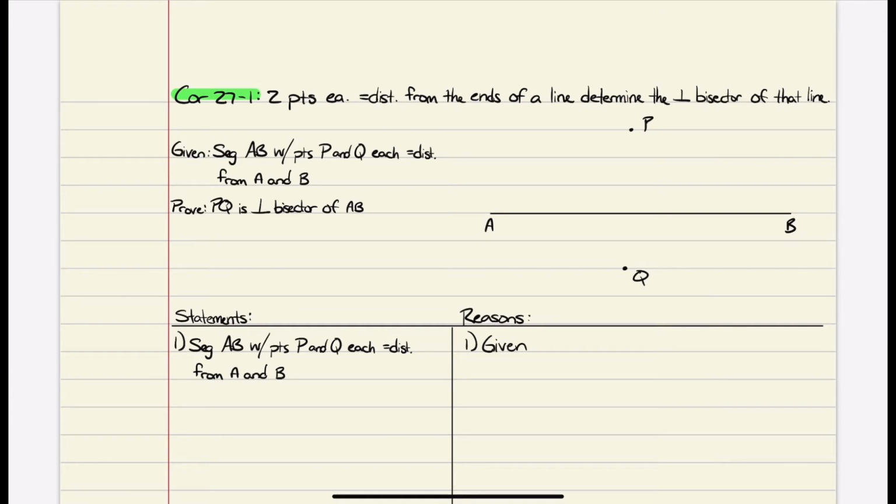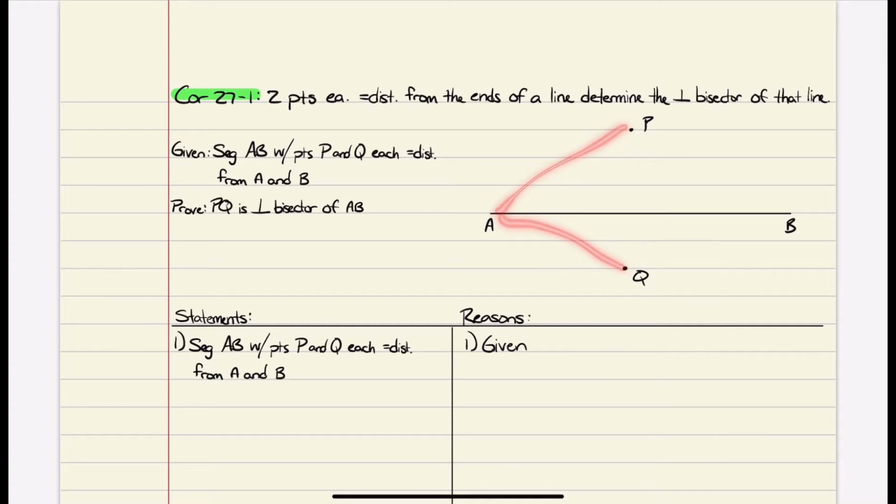So P is equidistant from the ends of this line, and Q is also equidistant. We're not saying that P and Q are the same distance away from the line, or even the same distance from the same end. We're just stating that P is equidistant from the 2 ends.